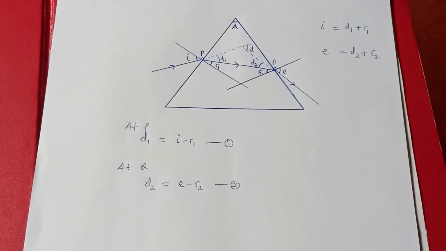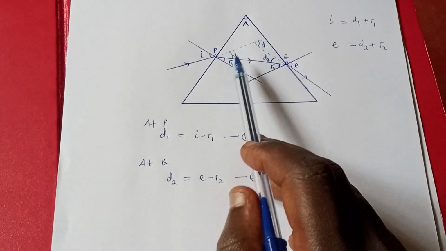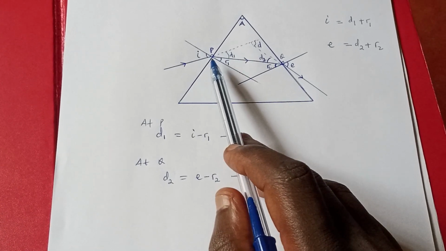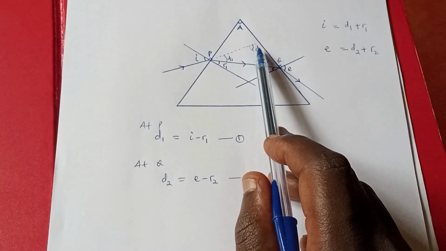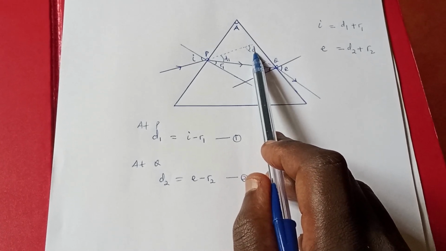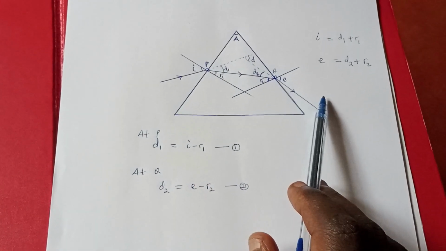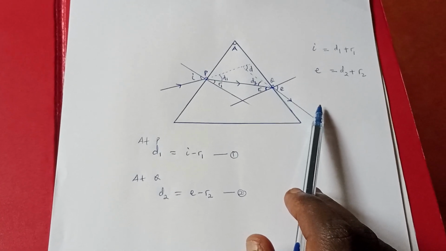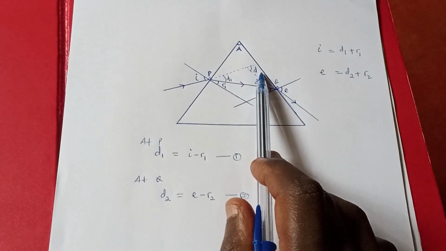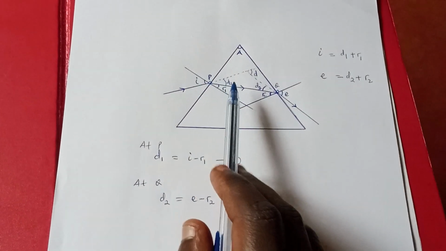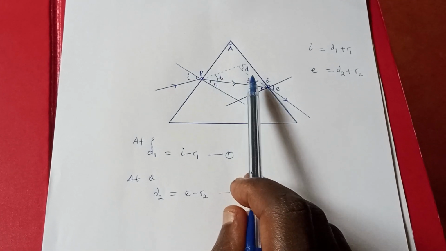So having those two equations, D1 and D2, remember we said D1 is the deviation caused at point P. Then D2 will be the deviation caused at point Q. And D will be the total deviation for that ray that is moving from vacuum, glass, and back to vacuum. We are trying to derive the deviation of the ray caused by that glass prism. So D is the total deviation. Still from mathematics, we all know that these two interior angles add up to one what?